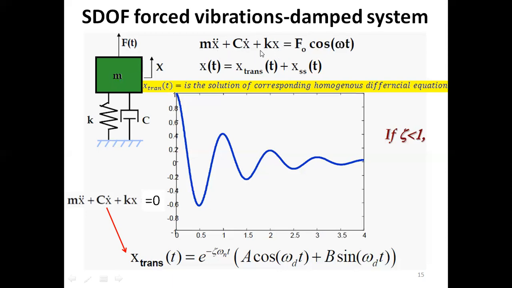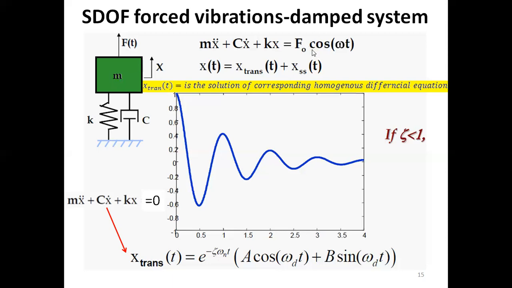It is an ordinary differential equation because x, which is a displacement, depends only on t. T is the independent variable, where x is the dependent variable. So x depends upon only one independent variable, which is t, and the differential equation we get is an ordinary differential equation.